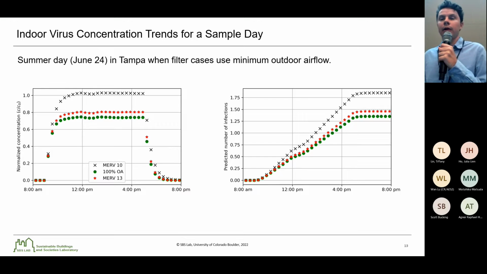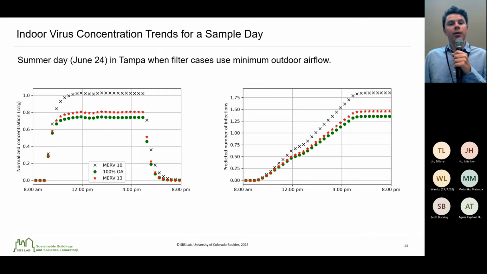And then we can also quantify the predicted number of infections of the day. And so for this, the predicted number of infections only increases during the day as humans inhale viral particles, and that risk increases over time, and then eventually reaches a constant value at the end of the day as the virus exits the rooms as well as the people leave.